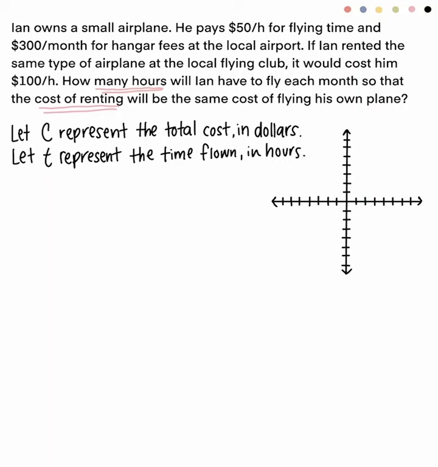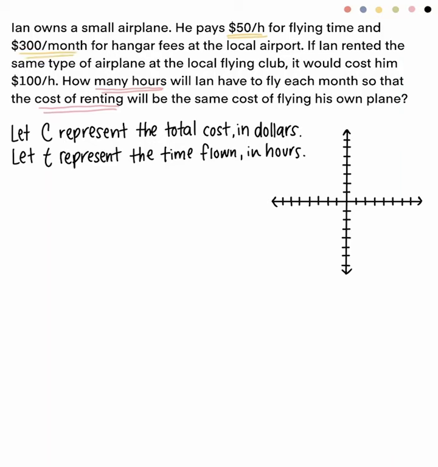Now, if we go back into the question, we can use certain keywords to help create an equation for each. The first sentence doesn't tell us anything. It just tells us he owns a small airplane. Good for you, Ian. But what we do know in the second sentence is that it can be translated into an equation. He pays $50 an hour and $300 a month for his hangar fees.